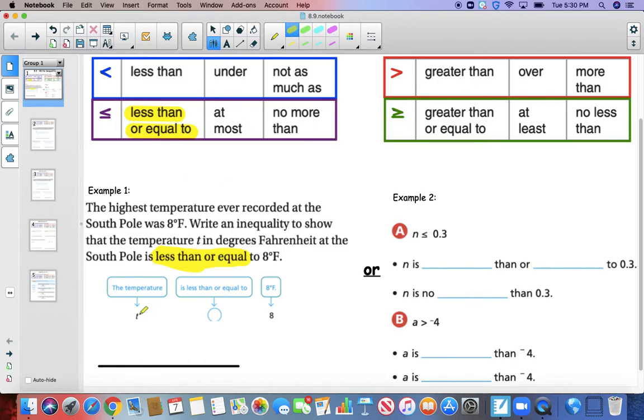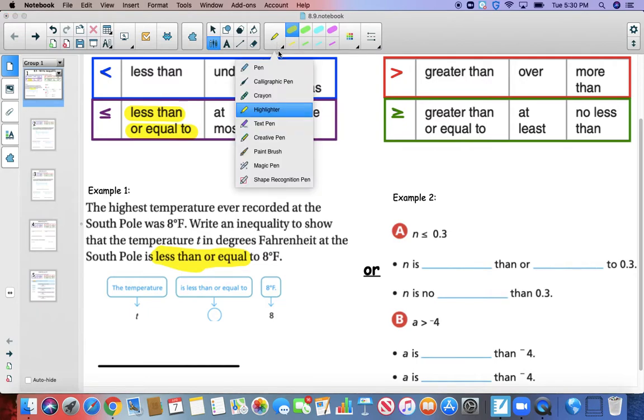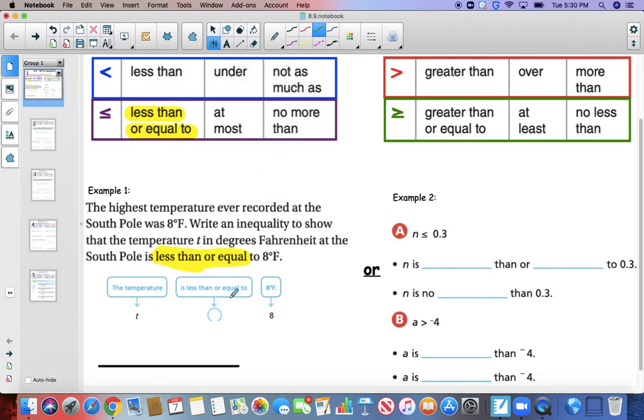You'll notice they're representing temperature with a T. Later on today, you'll be allowed to pick what variable you want to use. And then we're just using the number 8 for Fahrenheit. It's a positive 8, you'll notice. If we're saying less than or equal to, we have to use this symbol. So T is less than or equal to.